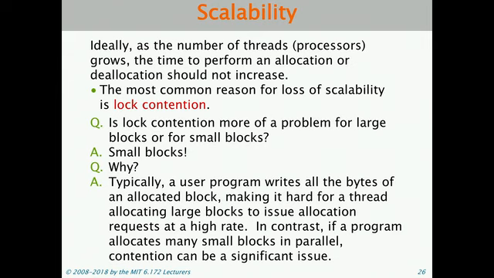And another reason is that when you allocate a large block, you're doing a lot of work because most of the time you're going to write to all of the bytes in that large block. And therefore, you can amortize the overheads of the storage allocator across all of the work that you're doing, whereas for small blocks, in addition to increasing this rate of memory requests, there's also much less work to amortize the overheads across.